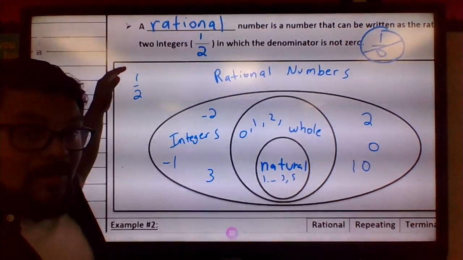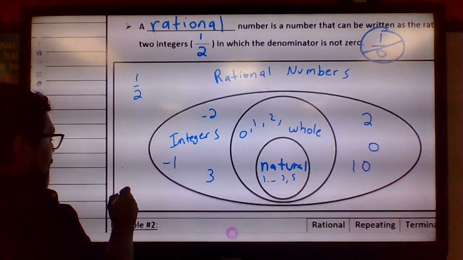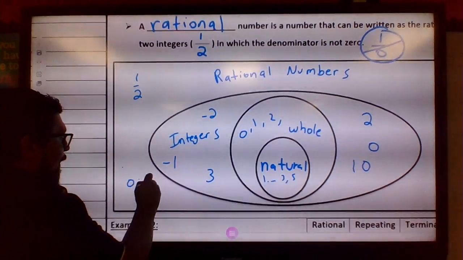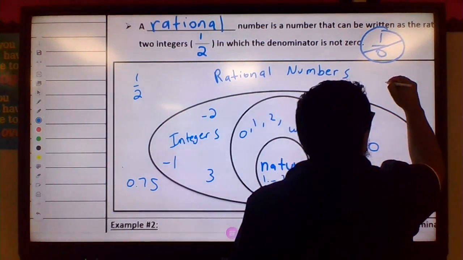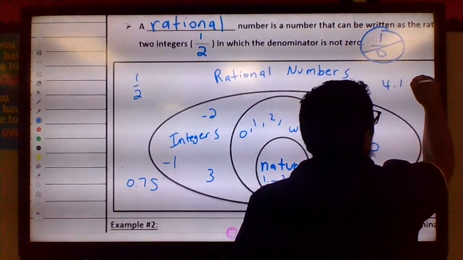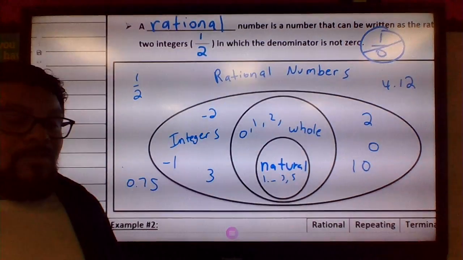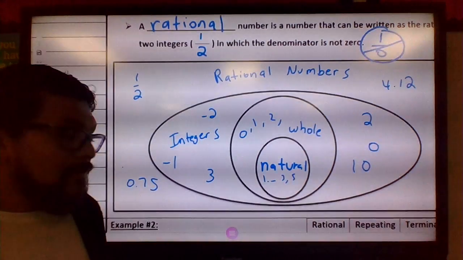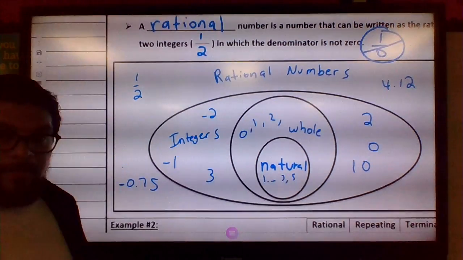And because you include fractions, you can also include decimals. So 0.75, maybe your GPA, 4.12. That could be somebody's GPA. So rational numbers include all this. And remember, it could be negative or it could be positive.